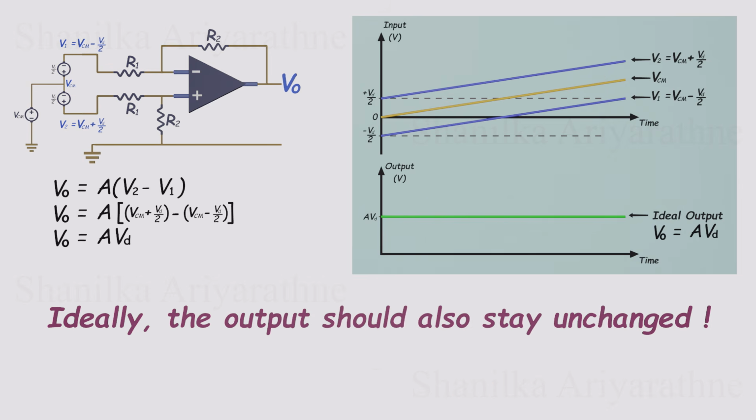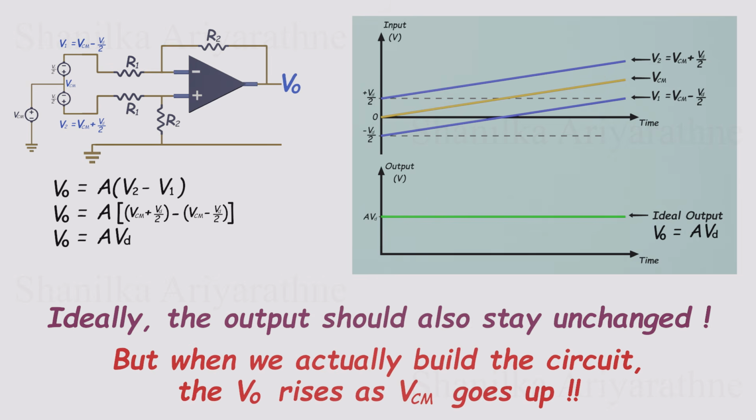But here's the catch. Even though we expect the output to stay flat, in practice it doesn't. When we actually build the circuit, the output drifts upward as VCM increases. The input difference is still constant, but the output isn't. The bigger the common mode voltage, the larger the deviation becomes.